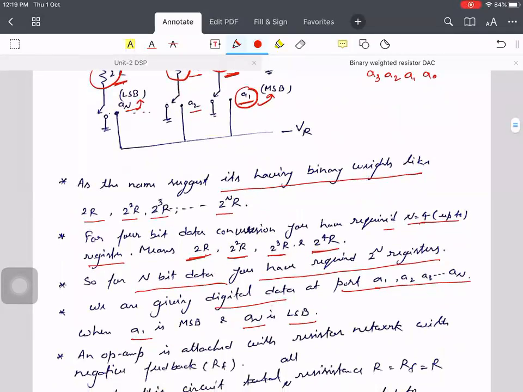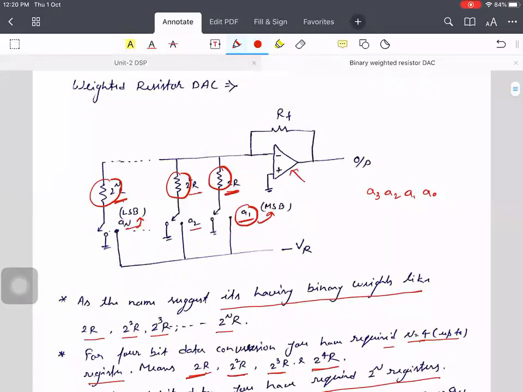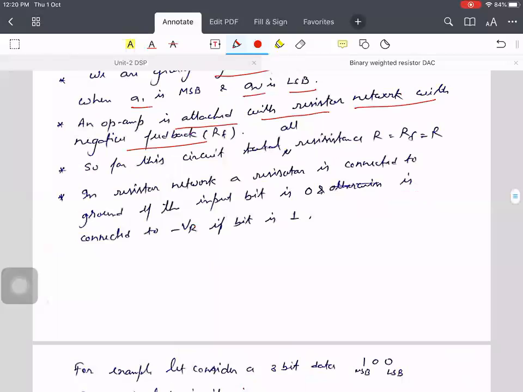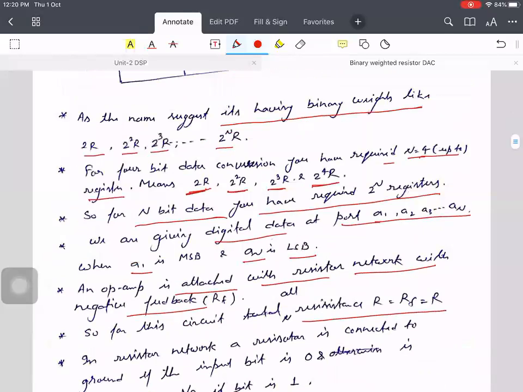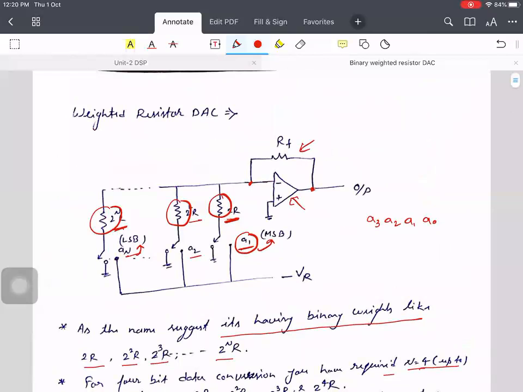And the op-amp is attached with the resistor network with negative feedback. So you can see here this is your operational amplifier, and here we have put a negative feedback resistance, connected from the output to the input. Clear? Now for this circuit, all resistances R are equal to RF, equal to R. So whatever the value of R is, that is equivalent to RF.